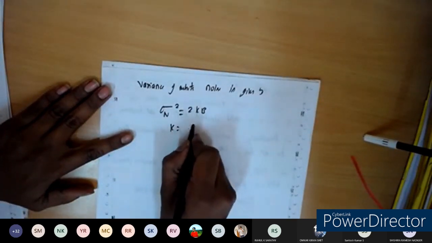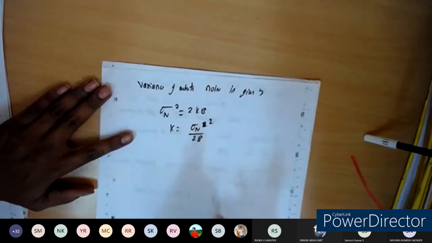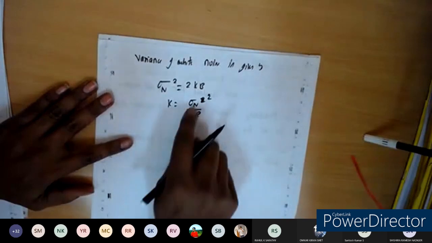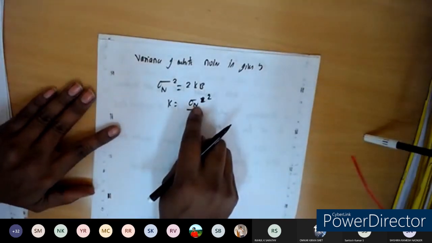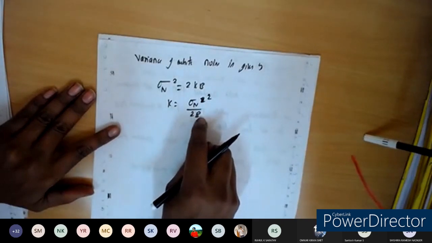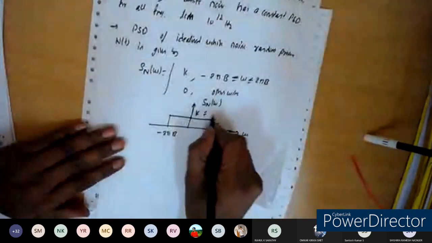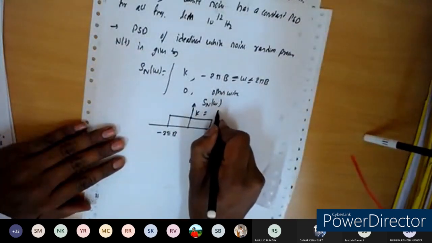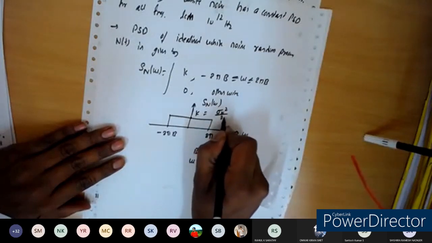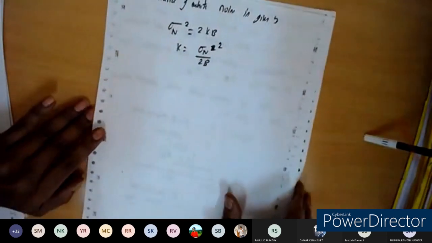K will be equal to sigma n square divided by 2b, where sigma n square is the variance of the signal and 2b is the bandwidth. So this is the variance of the white noise.